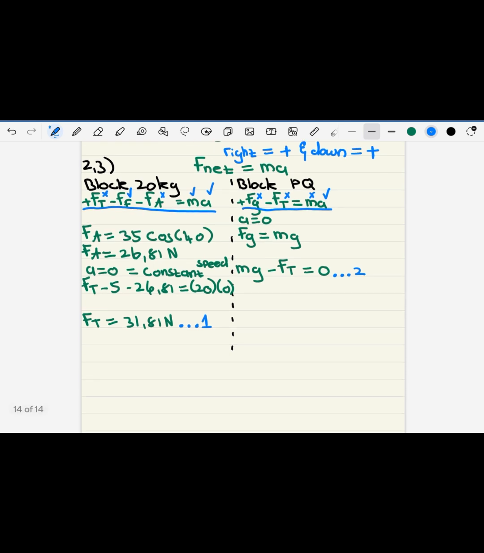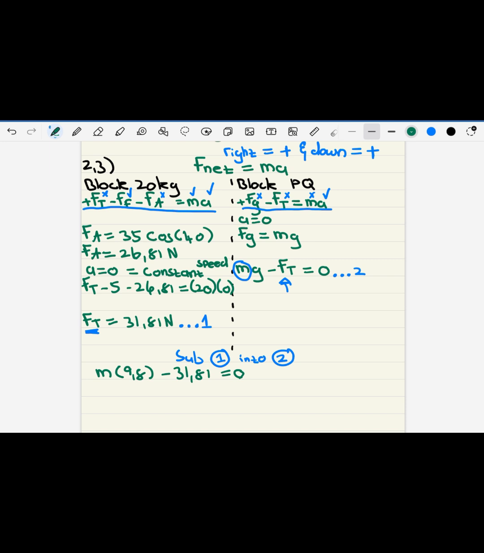Moving on, I will now sub 1 into 2. In other words, I'll take this force of tension and plug it in right there, and I'll get a value of M eventually. So M times 9.8, we've just subbed in for gravity, minus the force of tension, which we get from equation 1 at 31.81, is equal to 0.